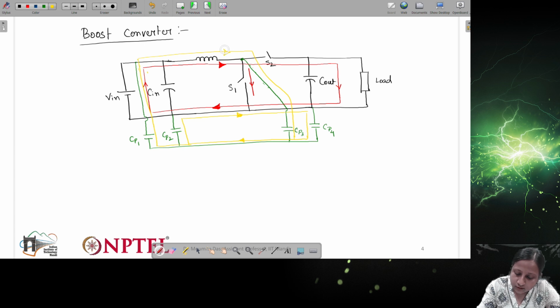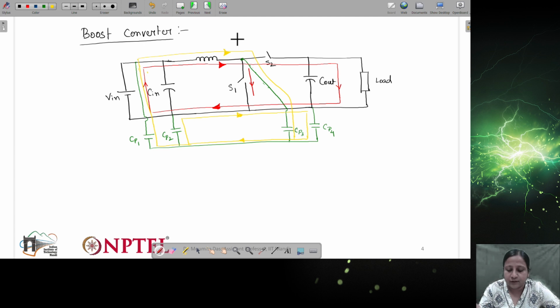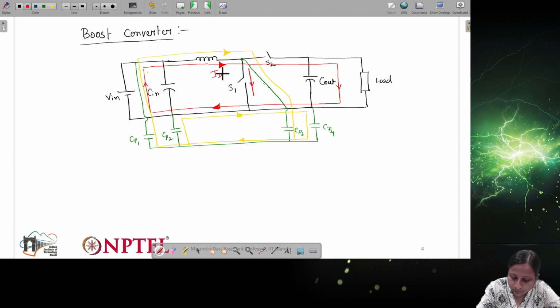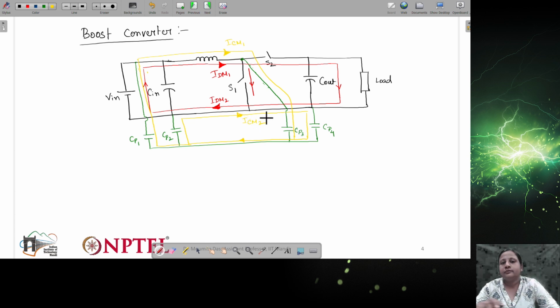So here the directions of ICM1 and ICM2 will be in the similar direction. You can check here IDM1, IDM2, and then similarly you can check here ICM1, ICM2.